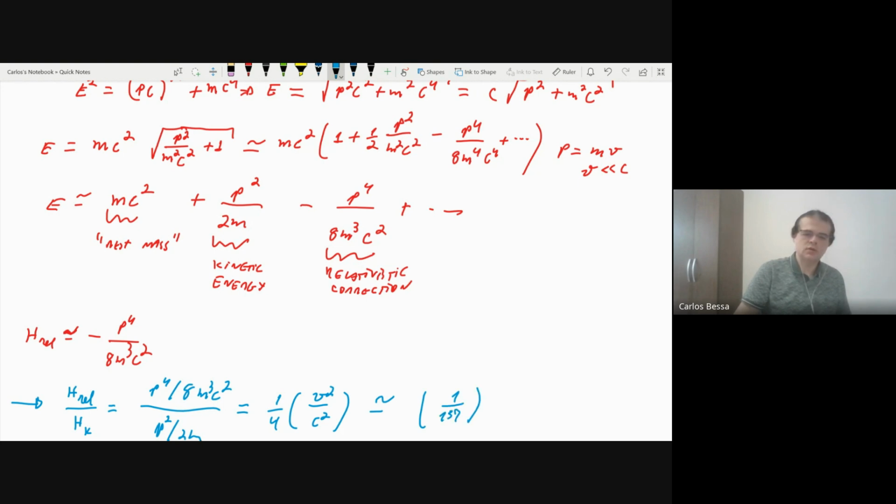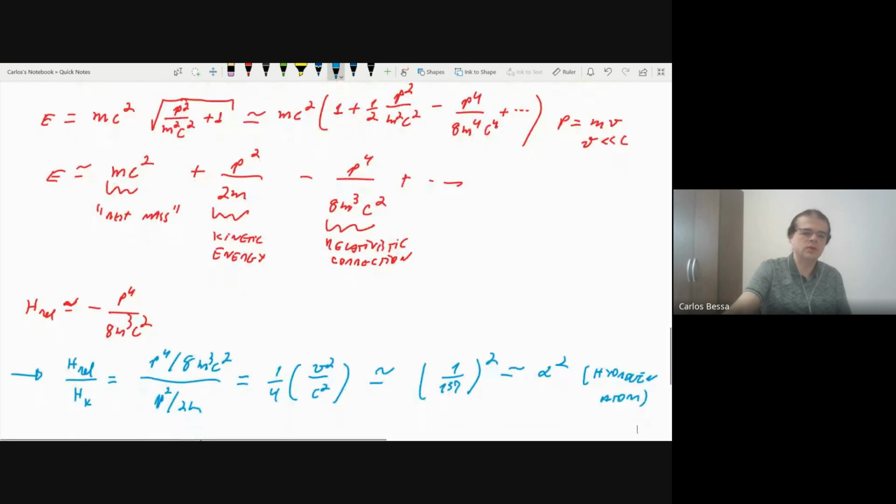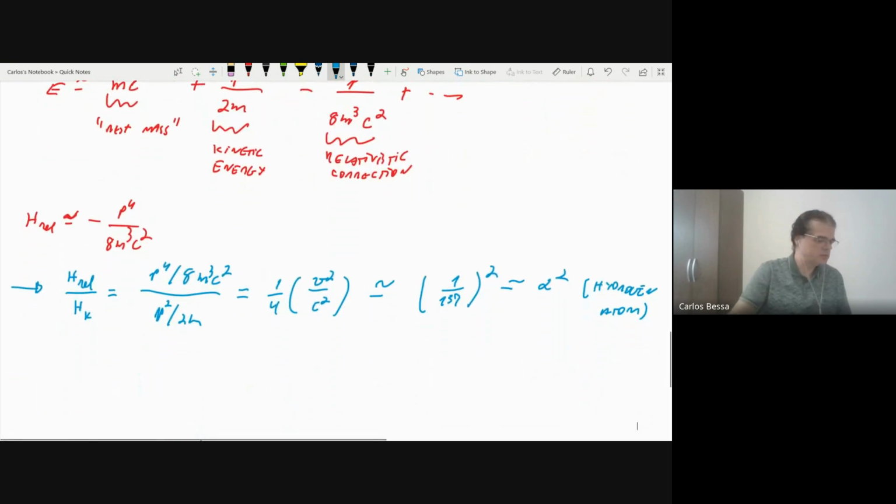That's about alpha squared, where alpha is the fine structure constant. This is for the hydrogen atom, okay? So this is about 10 to the minus 4, the correction. Questions?